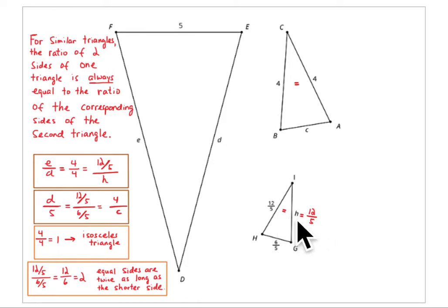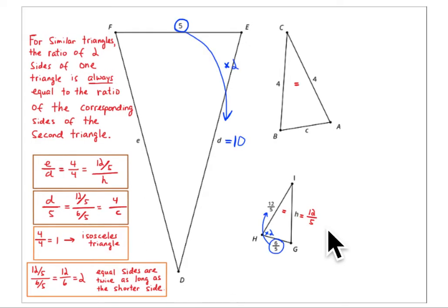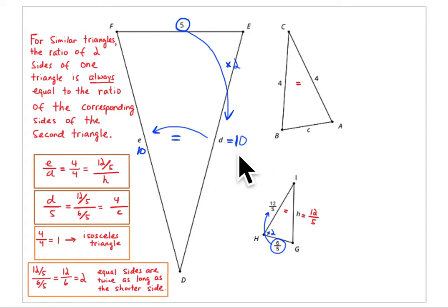These two sides are equal, so that has to equal 12/5. And I told you a moment ago that the longer side is twice as long as the shorter side. So if this side is 5 units, then this side has to be twice as long, or 10 units. This length has to be 10 units because these two lengths are equal.